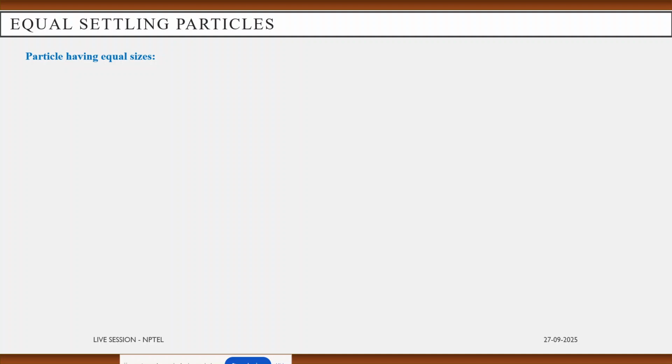So in the case of the particles having equal sizes, we again have the same formula for two different particles for Newton's law regime.